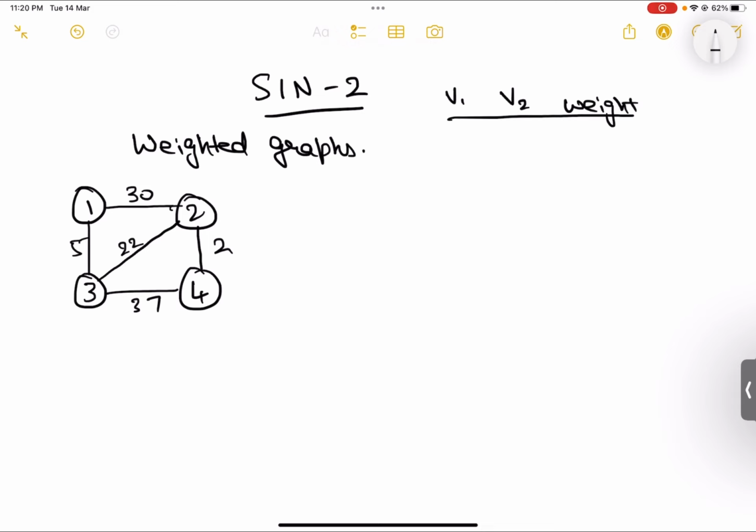We have 1, 2, 30; 1, 3, 5; 2, 3, 22; 2, 4, 2; and 3, 4, 37. This is how the edges with their weights look in a table. You can call this your edge list.